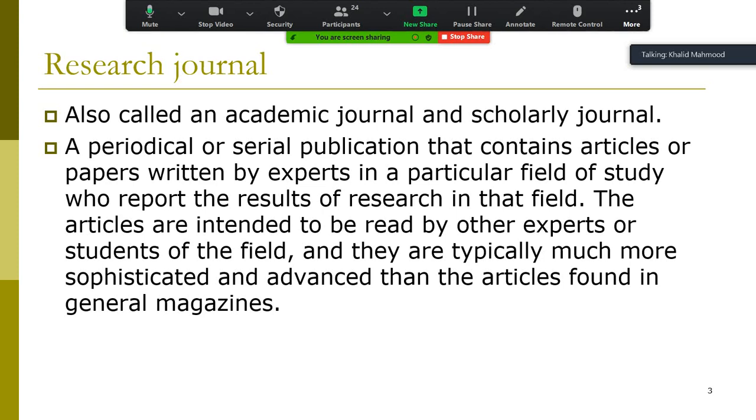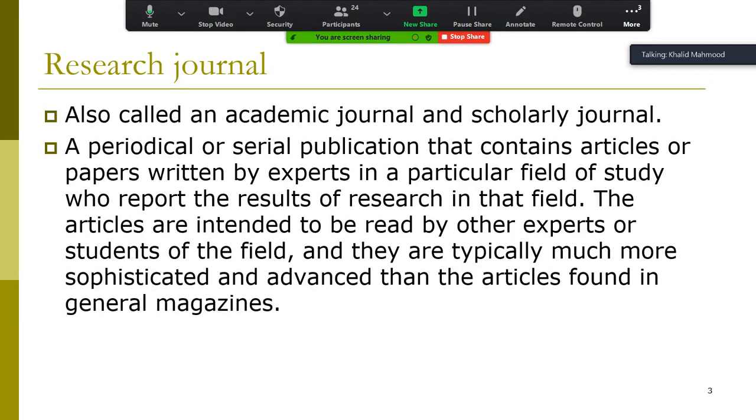In short, researchers do their research in their labs and in the field, and publish the results in the form of journal articles, in the form of journal papers.